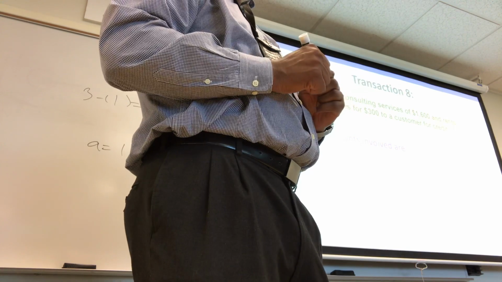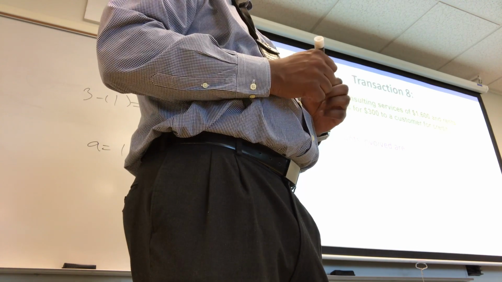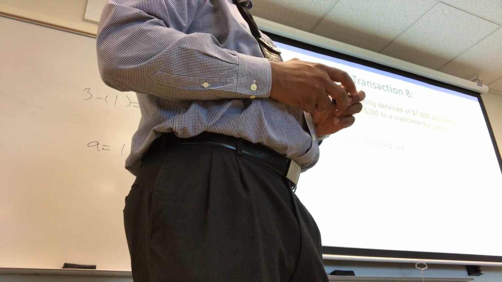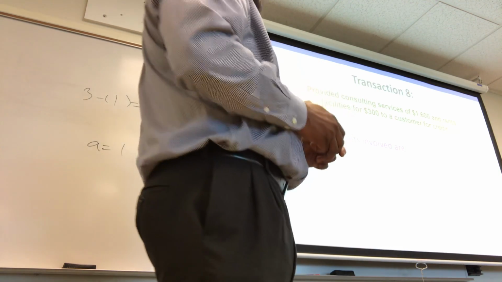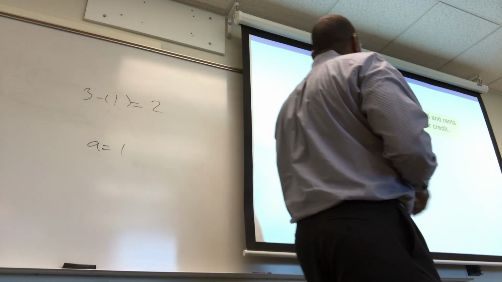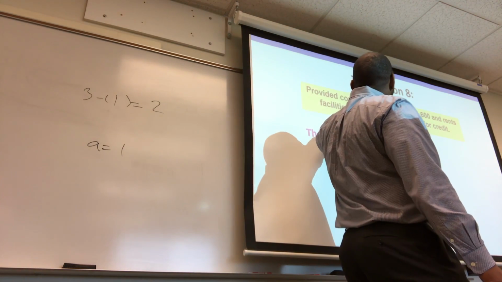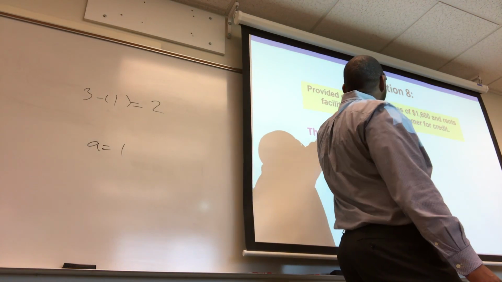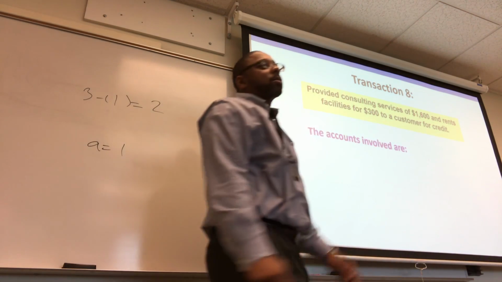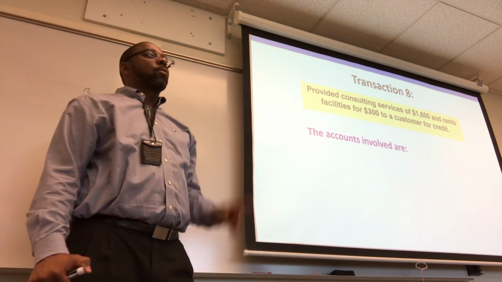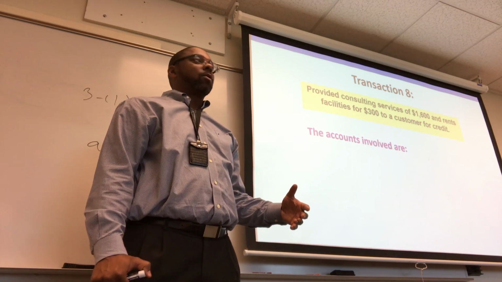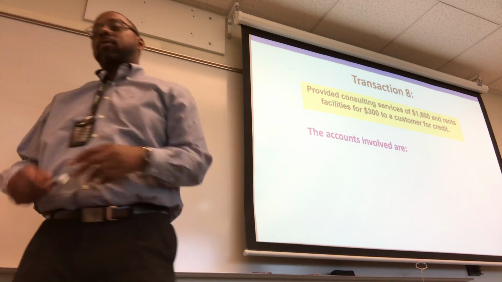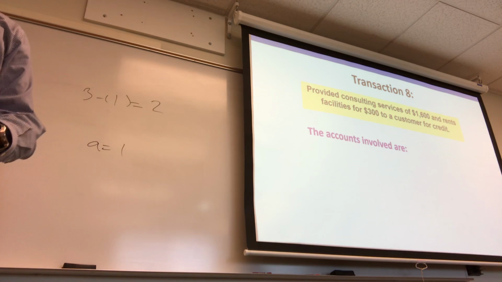So accounts receivable is what type of account? Asset. Did we increase or decrease our accounts receivable? Increase it. And the rent for the facility and the consulting services, what type of account is that? Revenue, fantastic. And did we increase or decrease our revenue? Increase it.